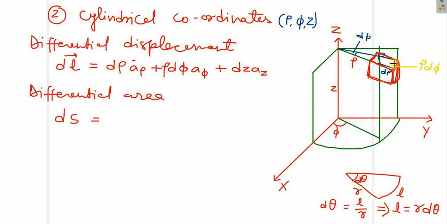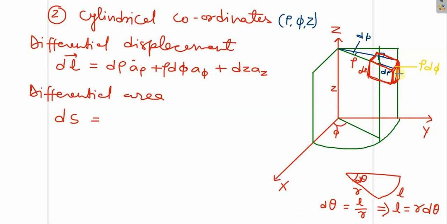We can see three unique surfaces. First one is this one, rho d phi, and this part is your dz. So one surface area will be rho d phi and dz.